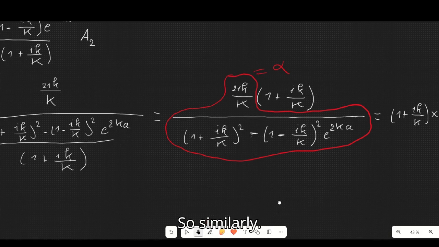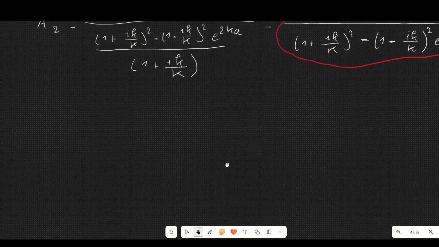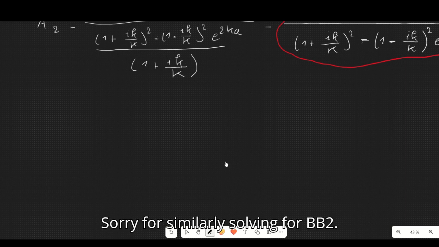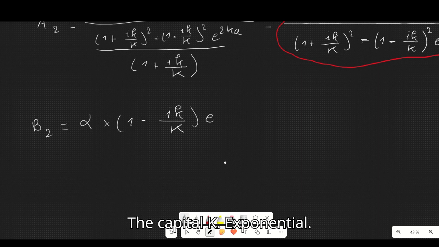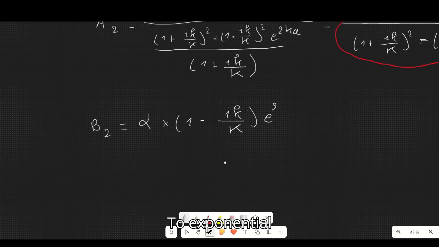So similarly, solving for b2, we get b2 equal to alpha times 1 minus k over capital K exponential of 2Ka.